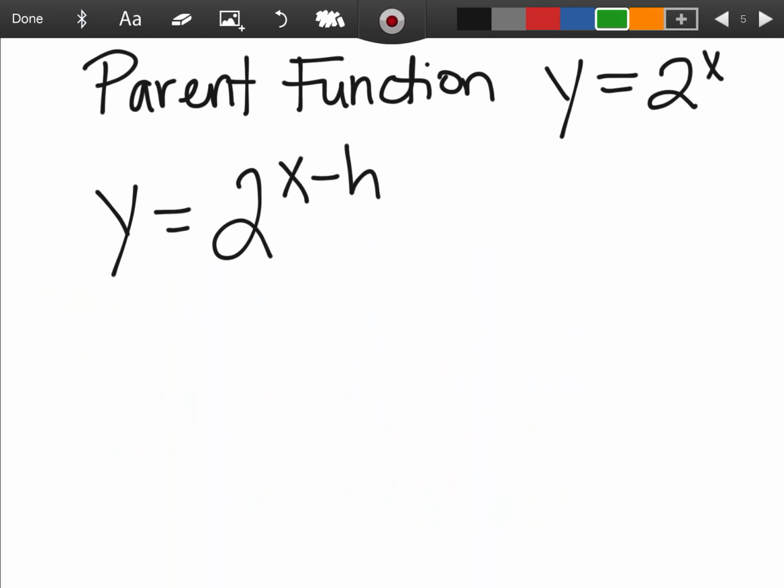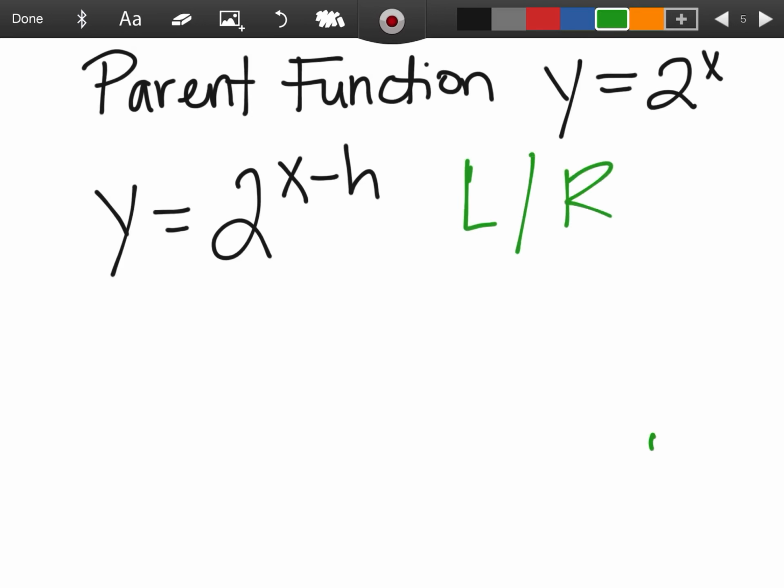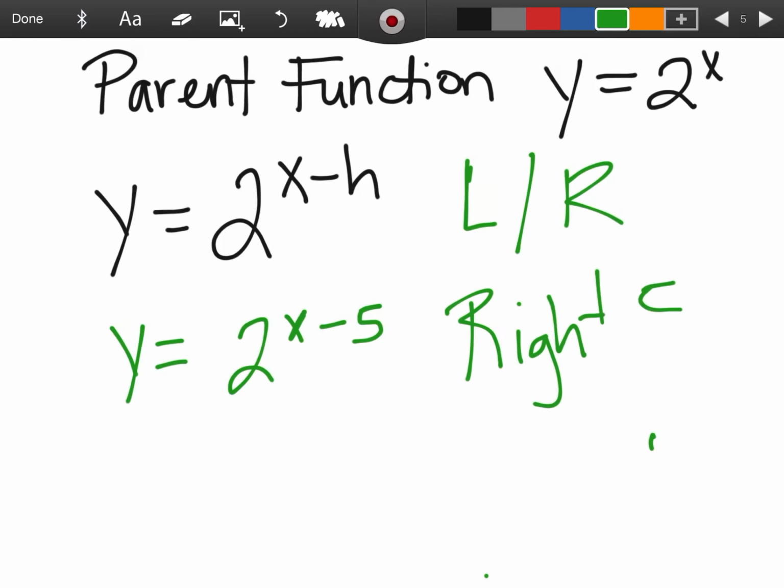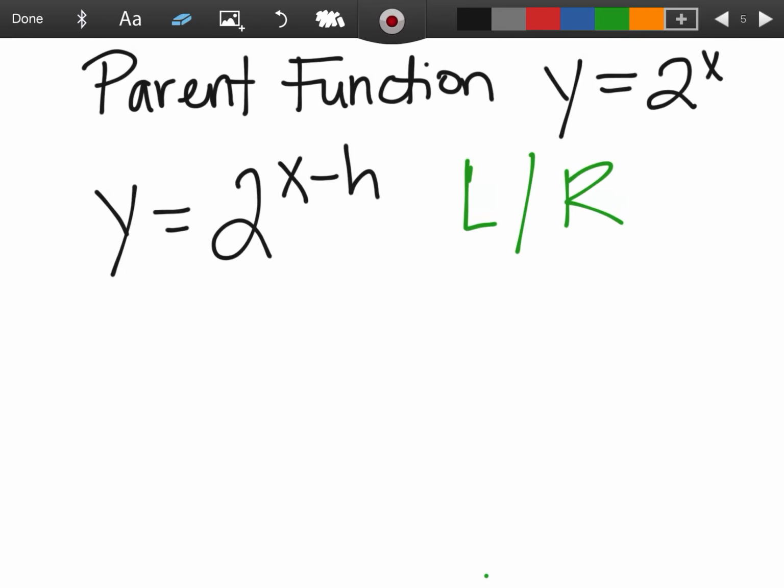So now let's look at H. Remember, opposite H. So H tells us left or right, but it's opposite. So if I have y equals 2 to the x minus 5, that means I'm going to the right 5 units. What if I had y equals 2 to the x plus 3?